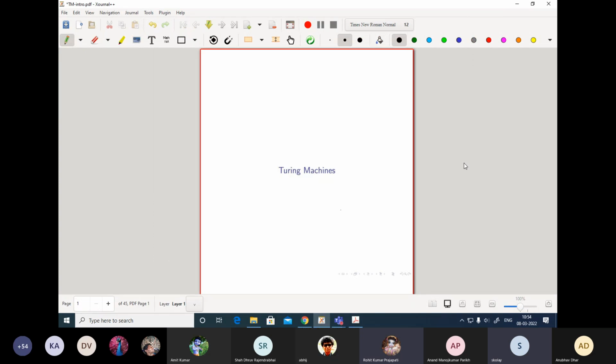Okay, so we will be starting with the Turing machine. So far you have looked at two other kinds of models, the finite automata and the push-down automata. The Turing machine is considered to be the ultimate machine model, where you capture what it means for a function to be computable, or what it means for a problem to be computable.